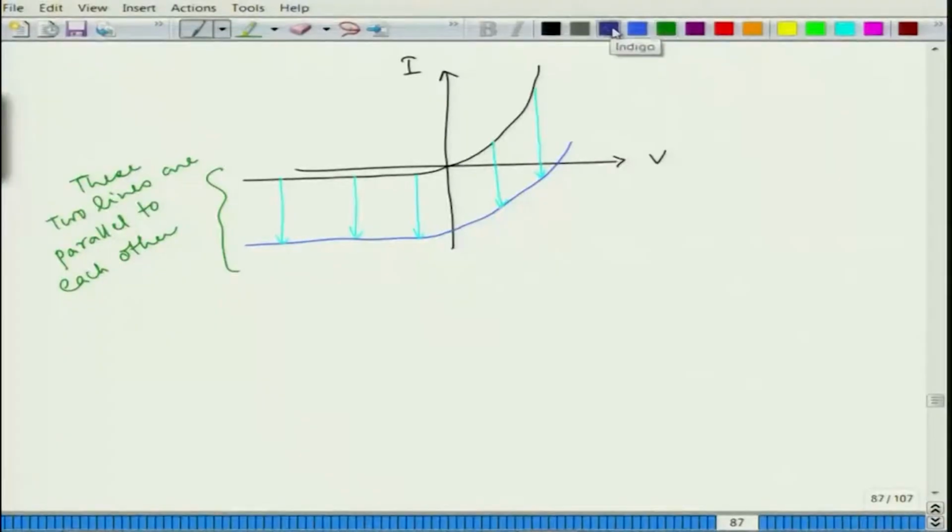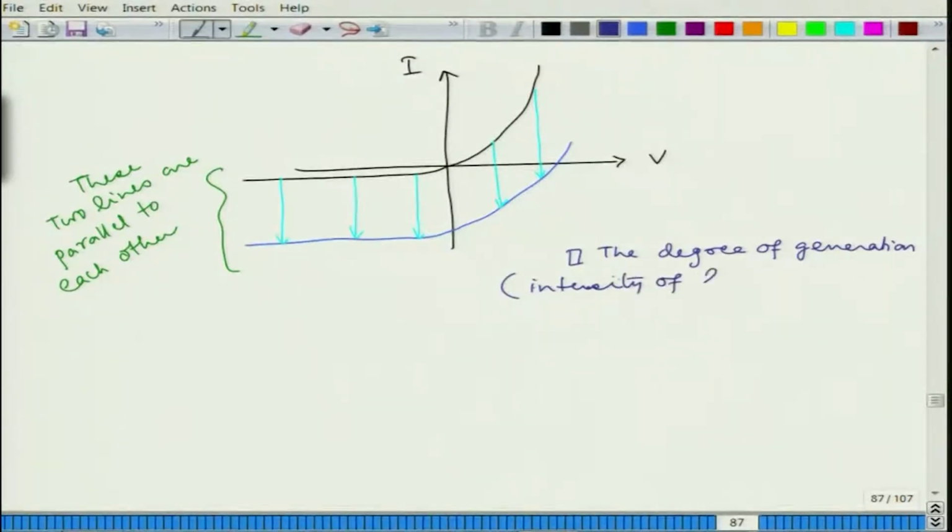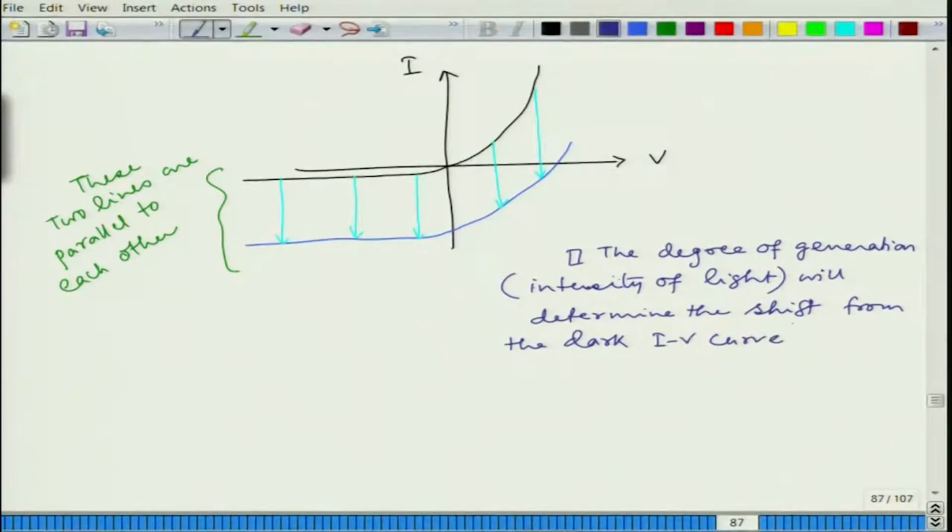These are very important points. So, the degree of generation, which will of course depend on the intensity of light, will determine the shift from the dark IV curve to the illuminated IV curve.